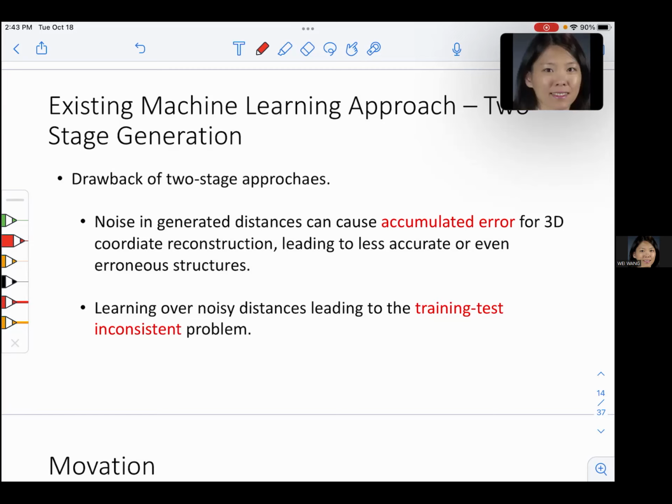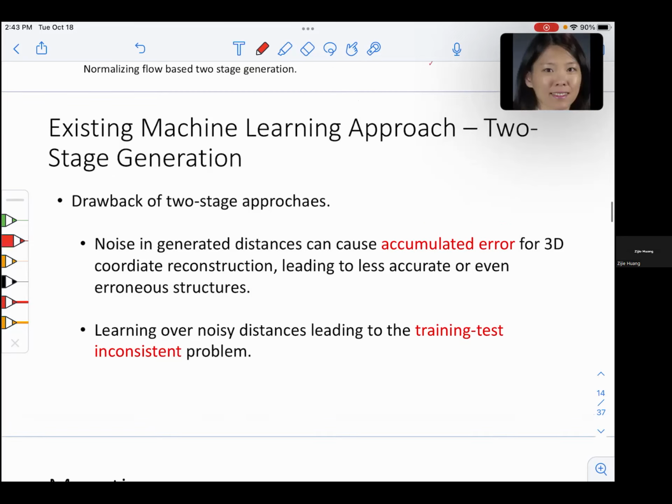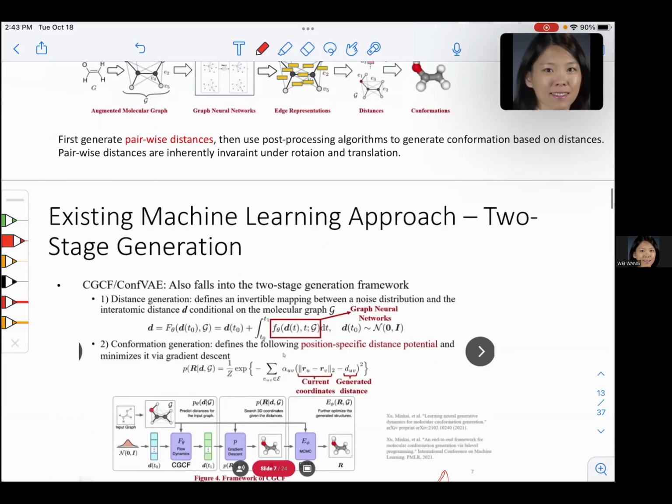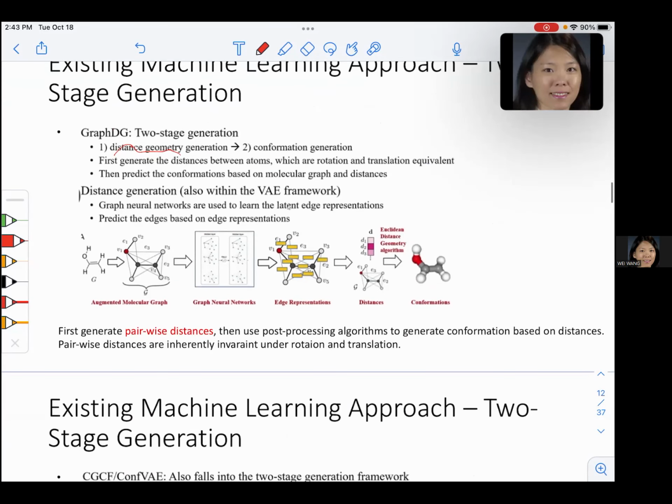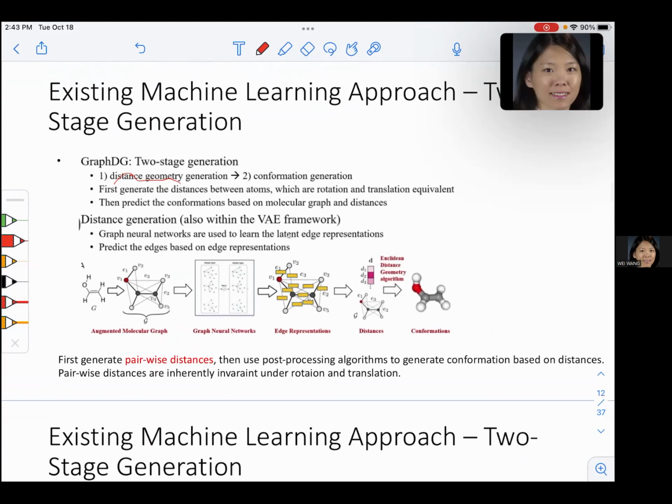One quick question. For the previous slide, where you have the figure, the distance is to be learned, right? Yes, and predicted from the neural network.